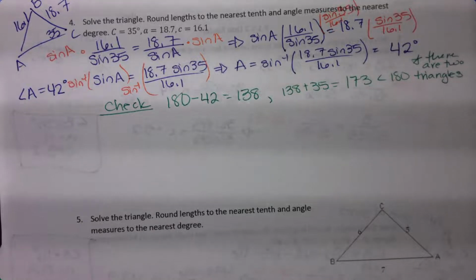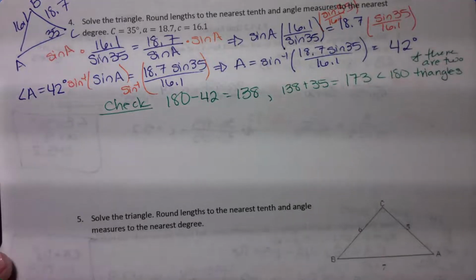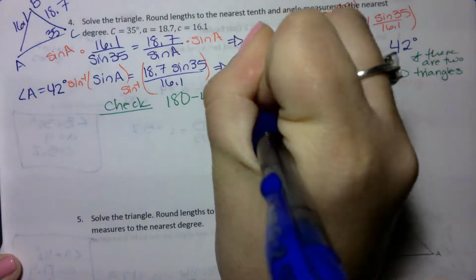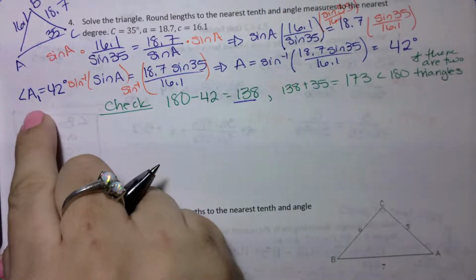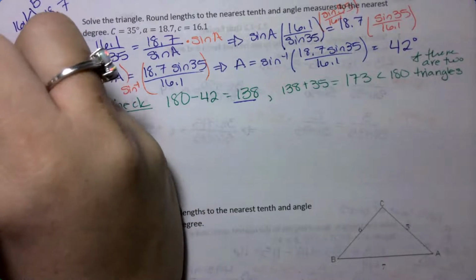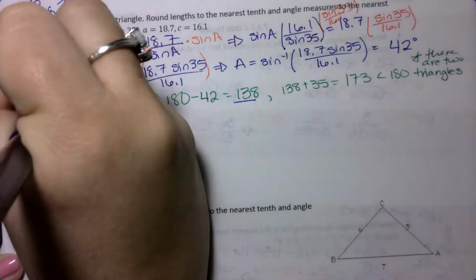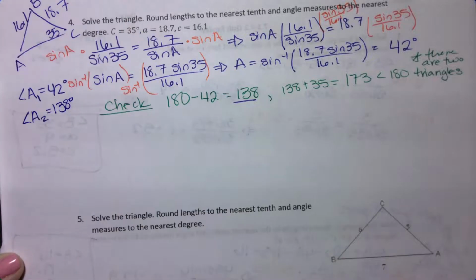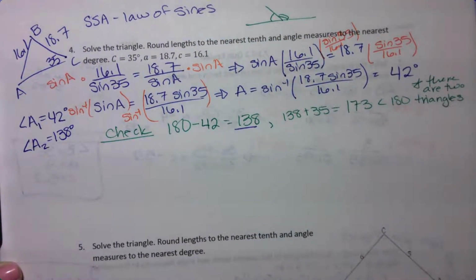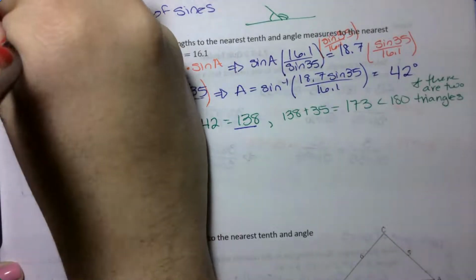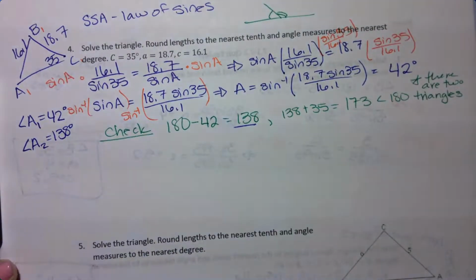So, next thing I want to do is, now that I know I have two triangles, I know this is my second angle. So my first triangle is going to get denoted with a sub 1. Then angle A sub 2 is going to be that 138. And this triangle I have right here is now going to turn into my first triangle. So all of those get my subs.